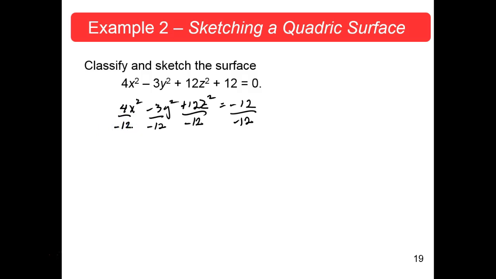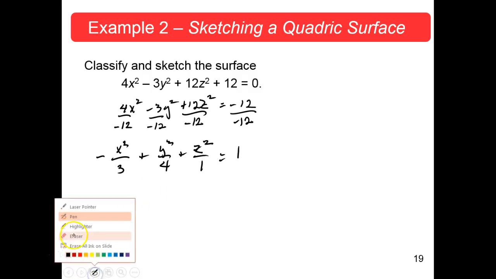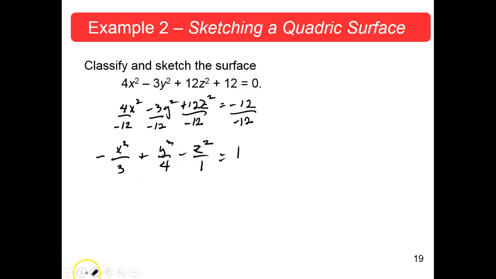So this gives you minus x squared over 3, plus y squared over 4, and plus z squared over 1 is equal to 1. That's a negative. Very good.